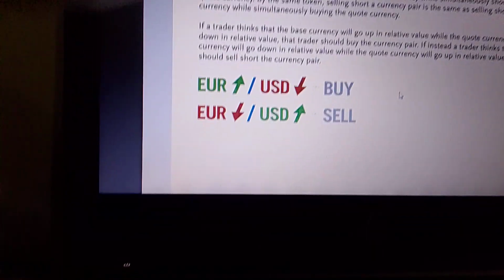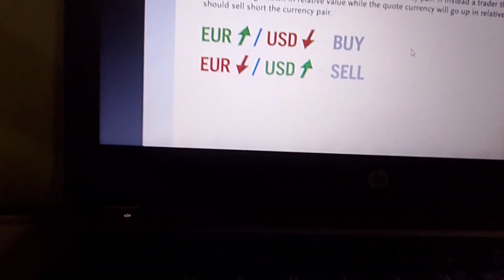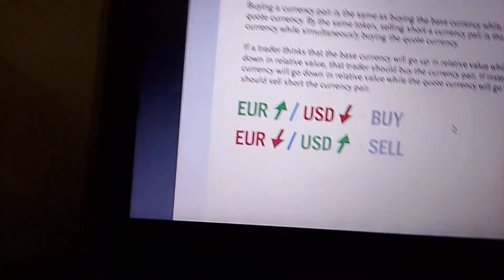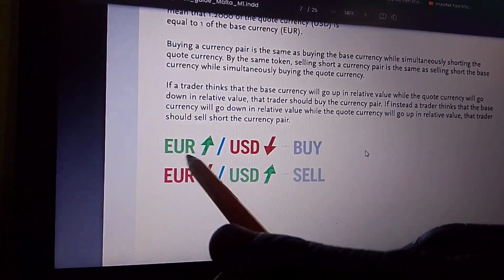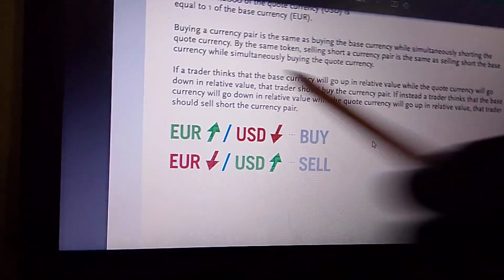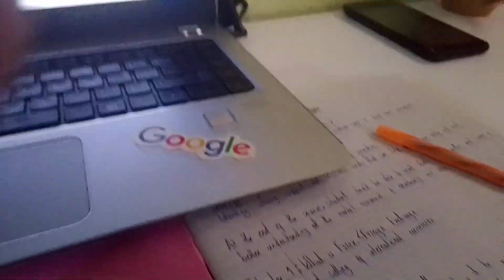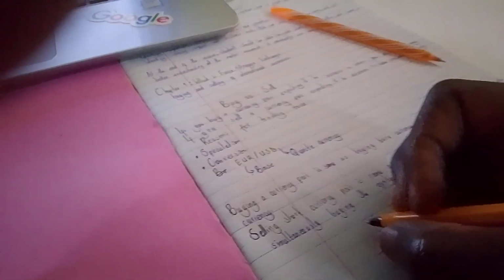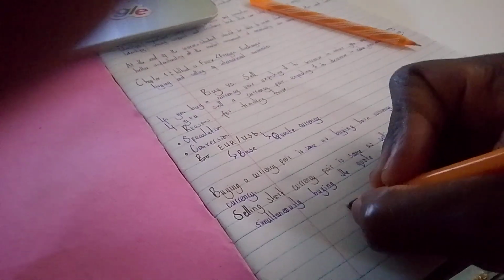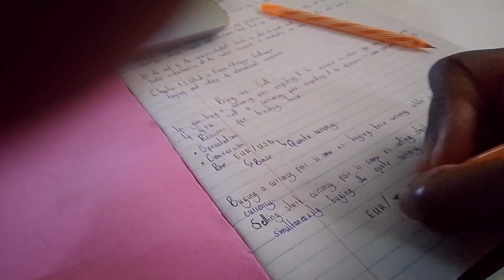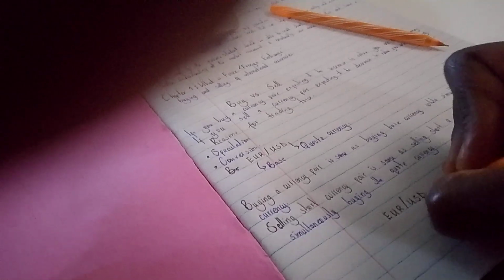So it means if we think that our euro will go up, so we have our euro USD. Let's just write it down: Euro / USD.